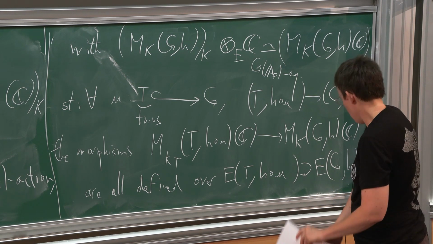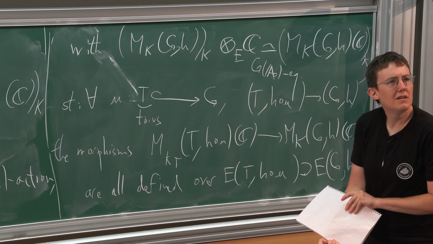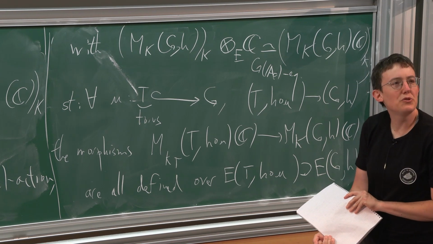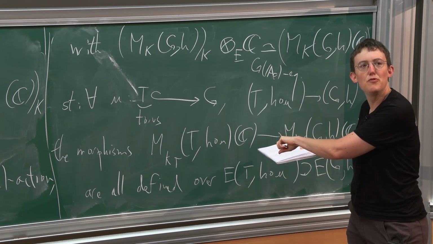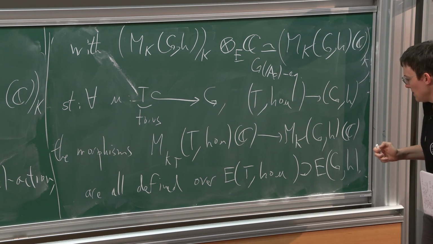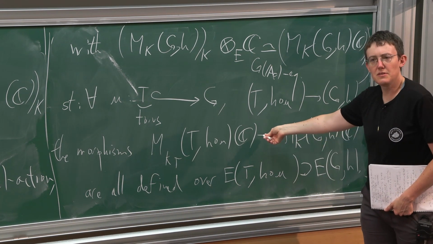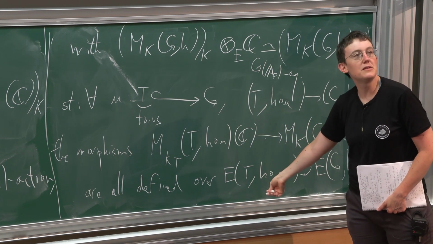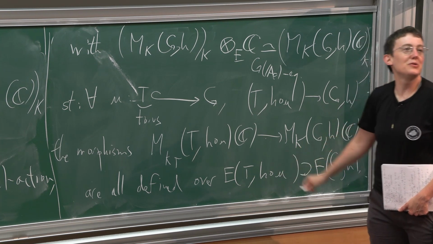Because if you took the C points, this morphism that I know how to define on C points, I'm saying that it descends to the models. So that's the condition.